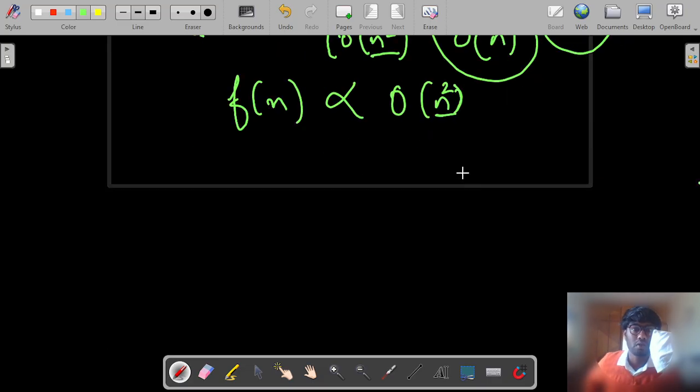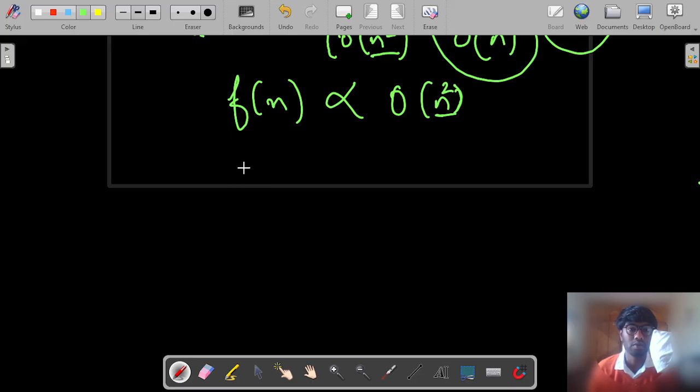So here the function f of n is directly dependent on O of n square, or in other words, the input is increasing with O of n square rate of growth, right?